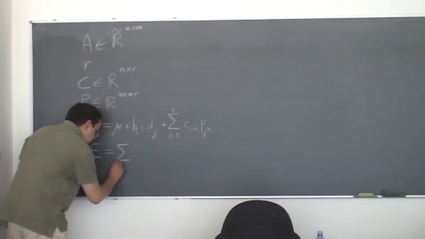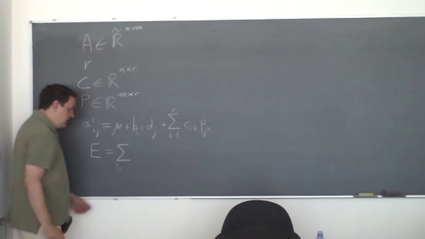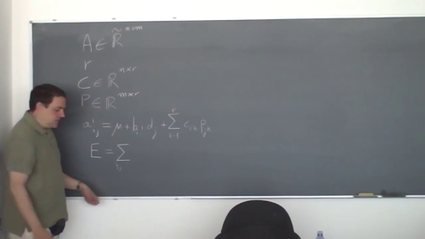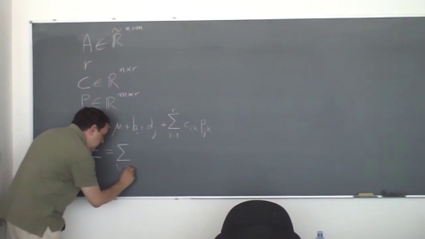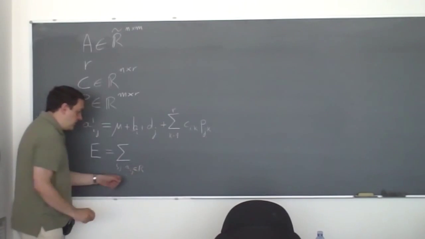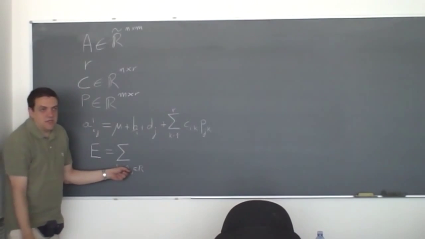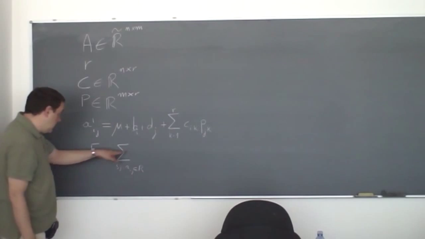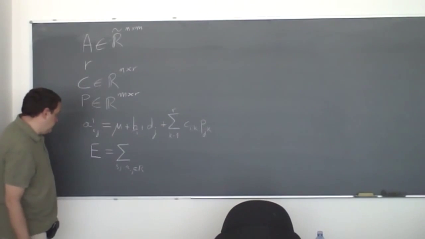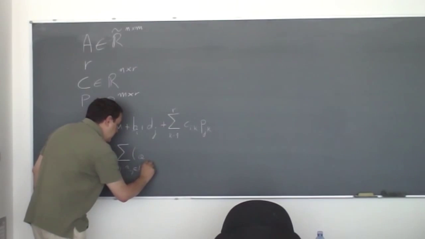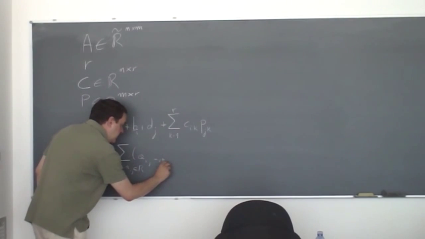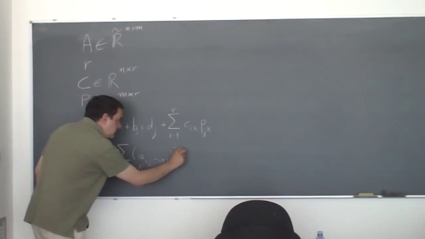Meaning that I add for all users and items such that the vote is known, so for which the element Aij is a real number, the square of Aij minus Aij prime.